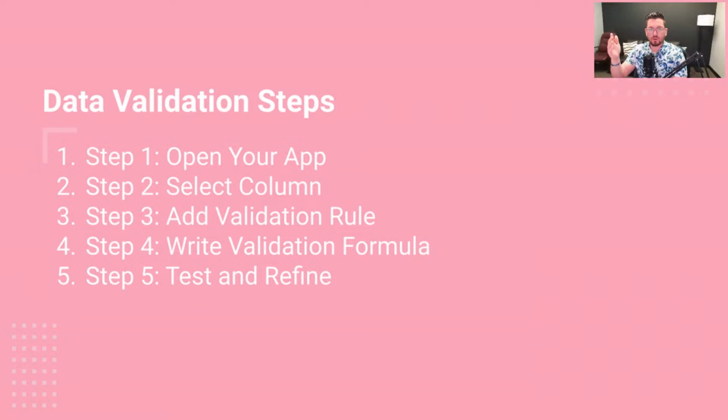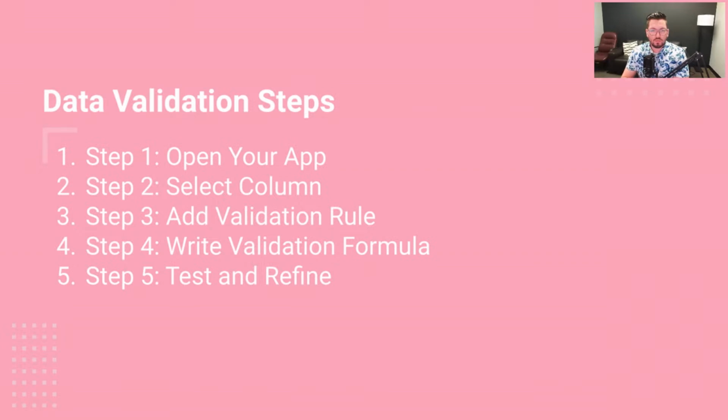And so let's just do a quick review of our steps that we went through. So we opened up the app, we selected the column. The column we kind of stuck on today was our vendor ID and our payment method ID. And we set up validation so that the form would show us which of the selected payment methods or vendors were associated with the previous selection.